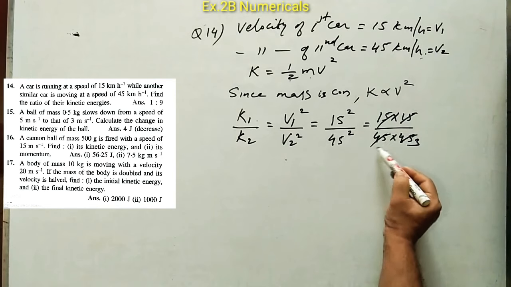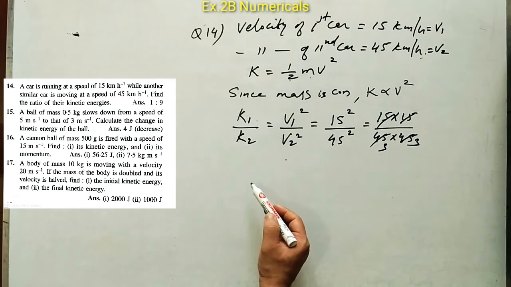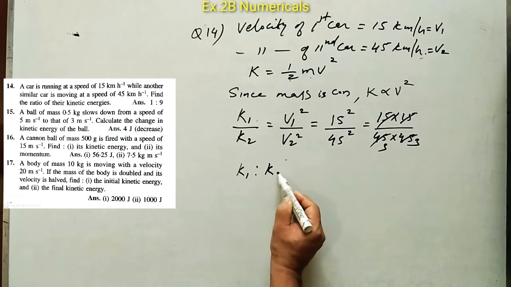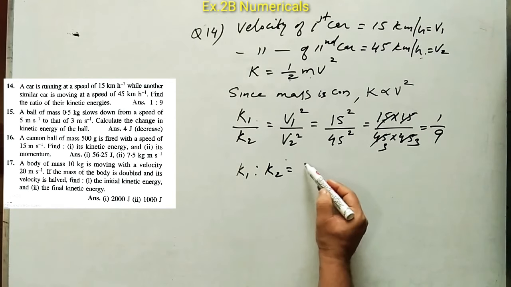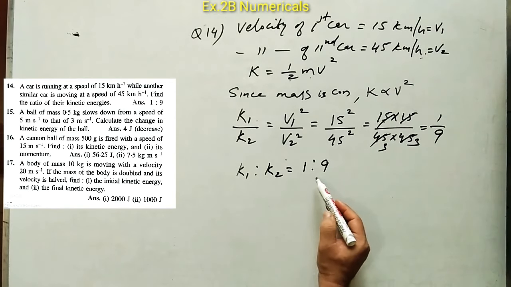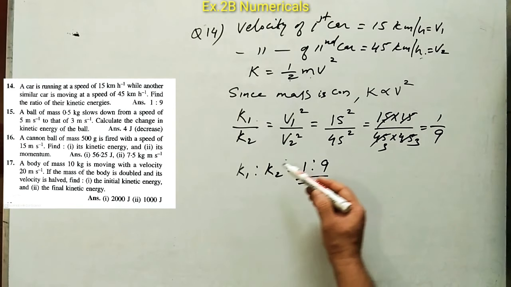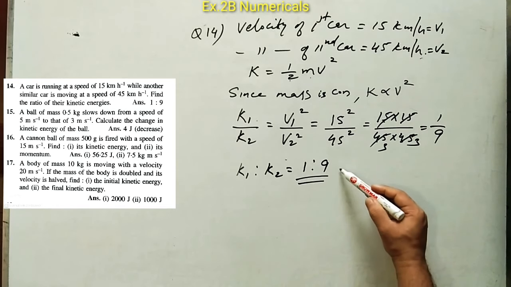So we are getting the ratio of kinetic energy of the cars, K1 ratio K2, as 1:9. Clear? So the kinetic energy of car 1 and car 2 are in the ratio of 1:9.